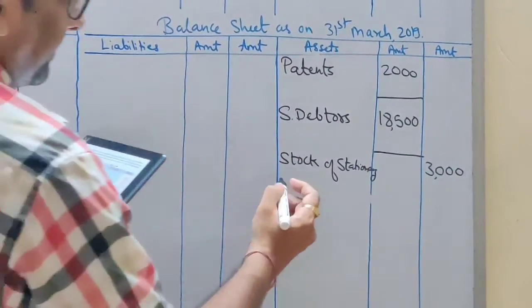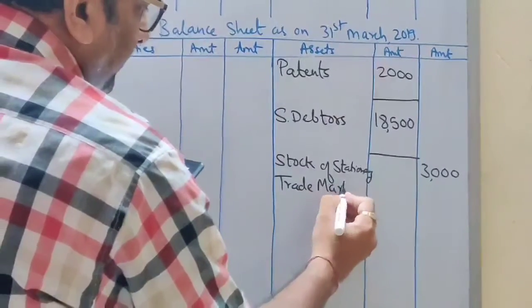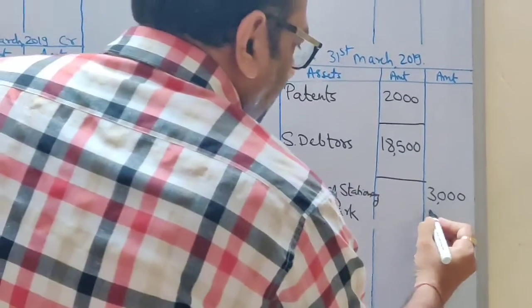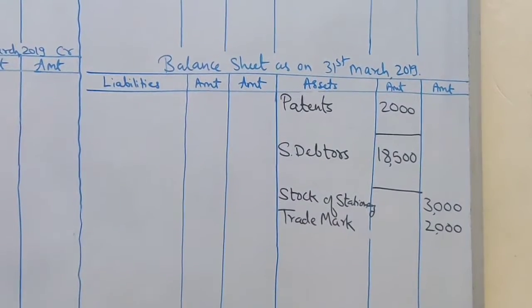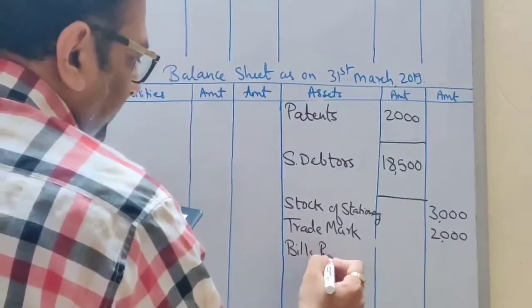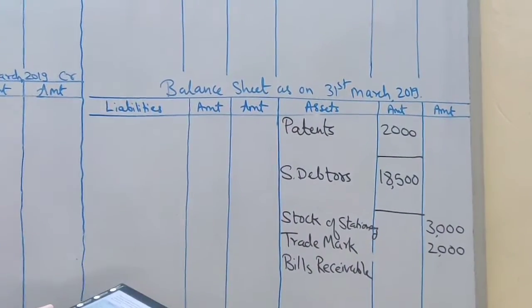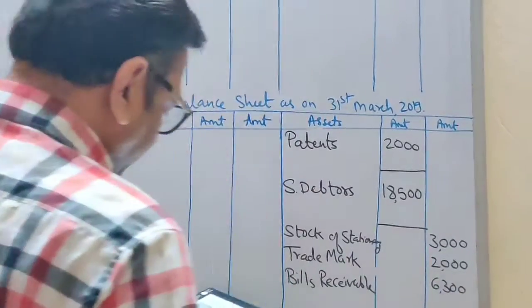Then trademark again, it's your asset and there is no adjustment. So put the amount in outer column, 2,000. Then bills receivable, again it's an asset and there is no adjustment. So write the amount in outer column, 6,300.